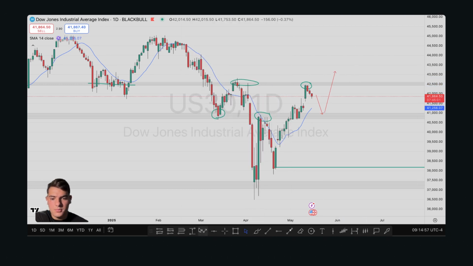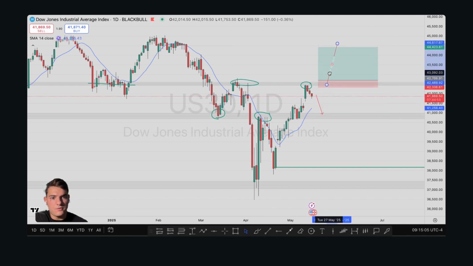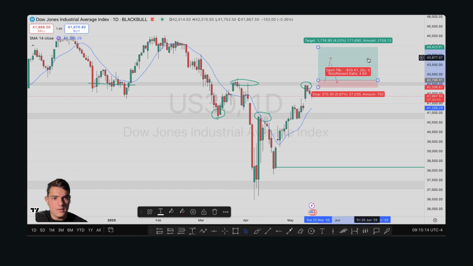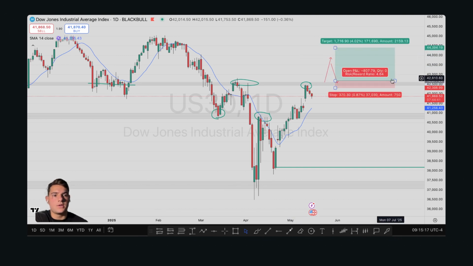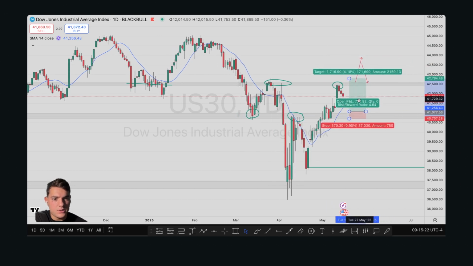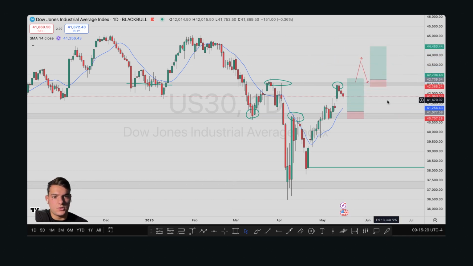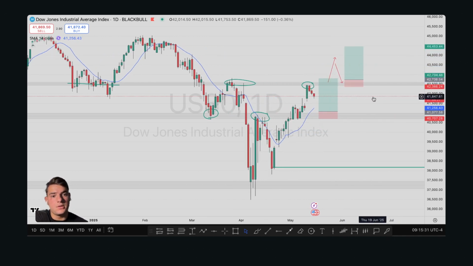And then what I'll probably do is, once we break above this area, I'll wait for the pullback to enter for a buy, right? There's a lot of patience that goes into it, or possibly wait for a confirmation around this area. So that's two possible scenarios that can happen.